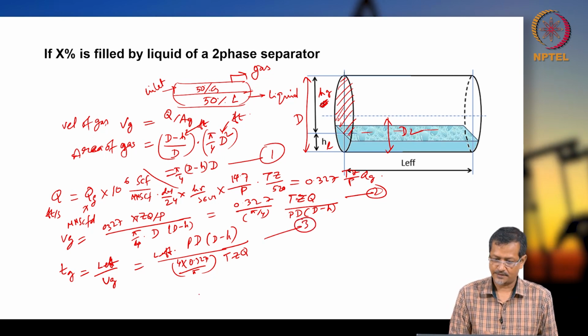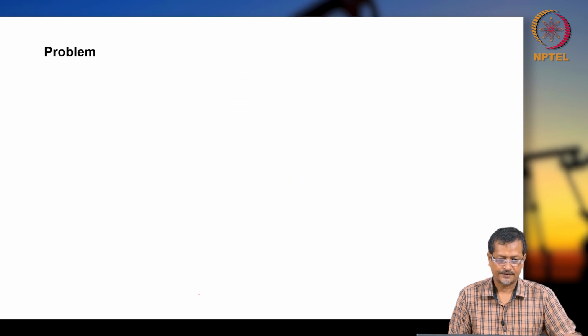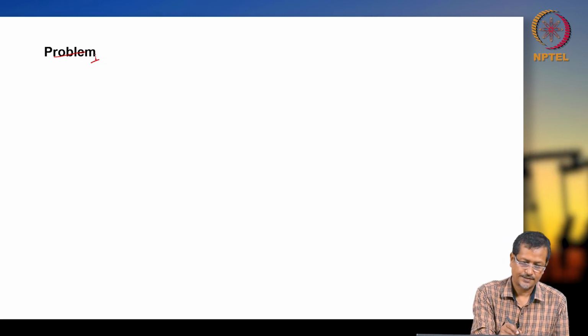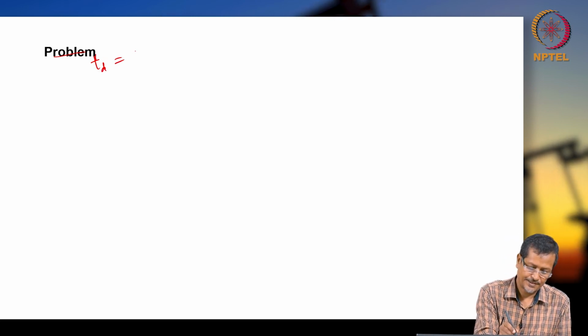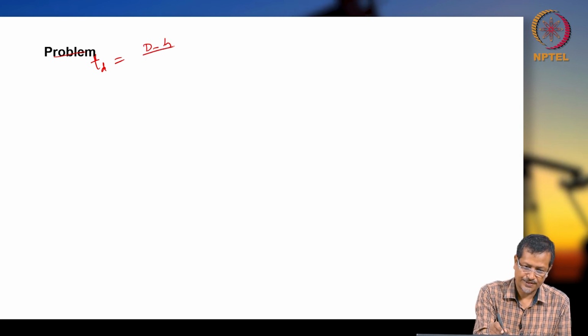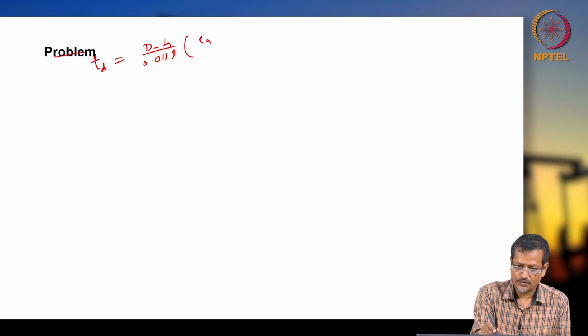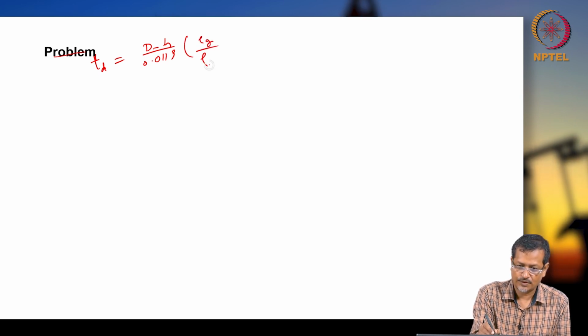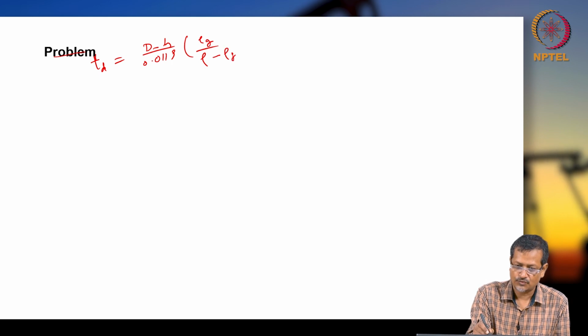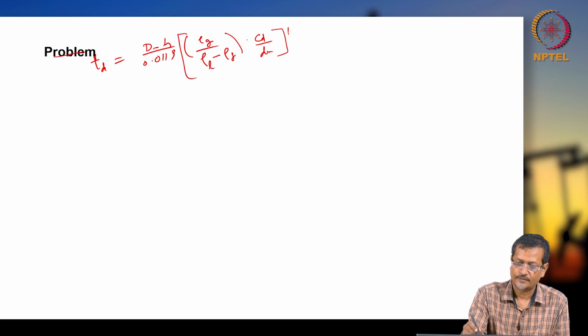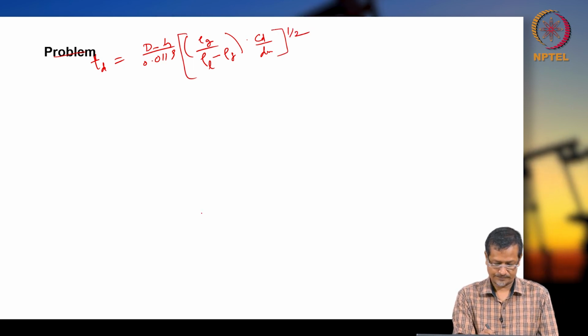Now Td, I'll be putting on the next slide. Td equals d minus h divided by 0.0119 (rho g by rho L minus rho g) into Cd by dm, to the power half.